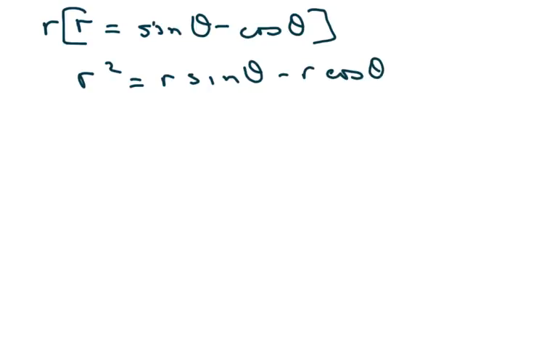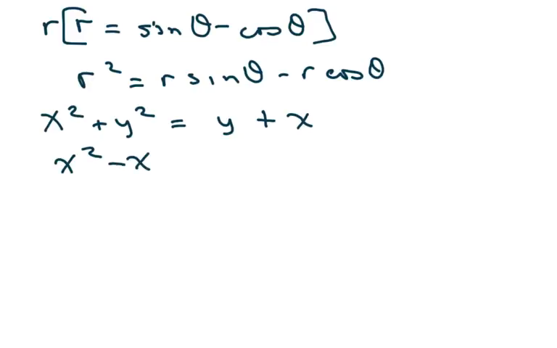And then at this point, it looks really easy. You're going to get x squared plus y squared equals y plus x. But what I'm going to do is rewrite all this and move everything over and complete the square. So we have x squared minus x, and I'm going to put a little box for my squares.